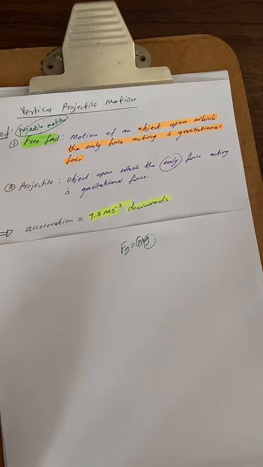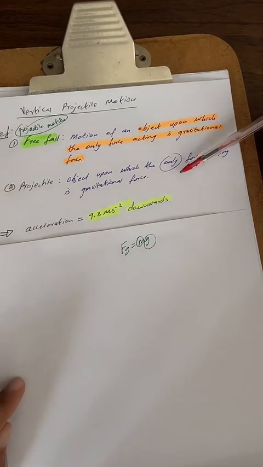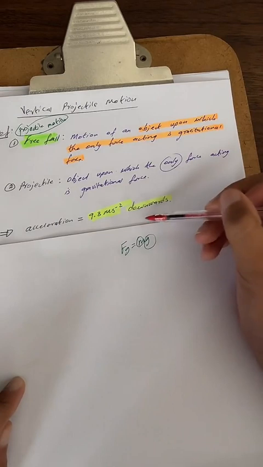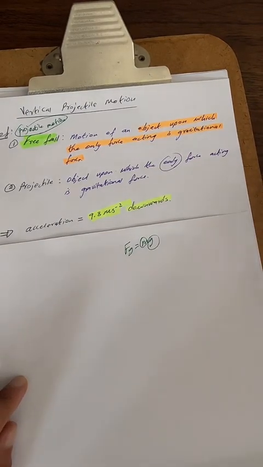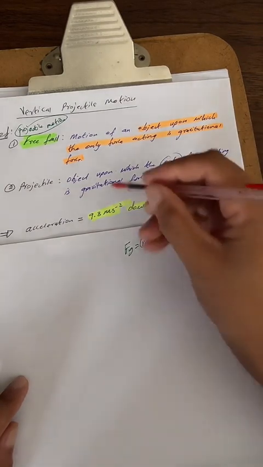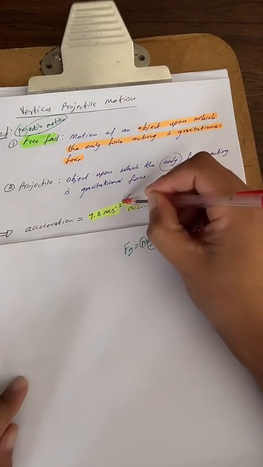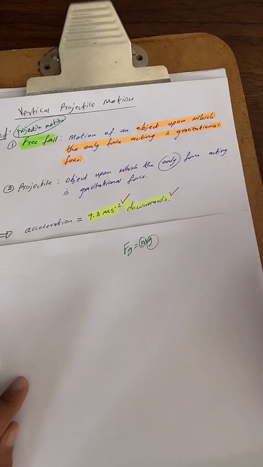These three things, people: this is a definition for 2 marks, another definition for 2 marks. This is an exam question. The examiners like asking you the acceleration of an object at any point. The acceleration of an object during free fall does not change. It remains 9.8 meters per second squared, and it is always downwards.